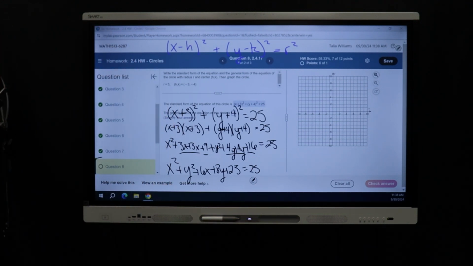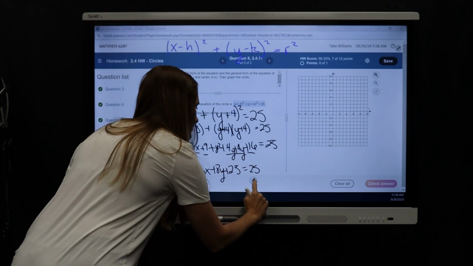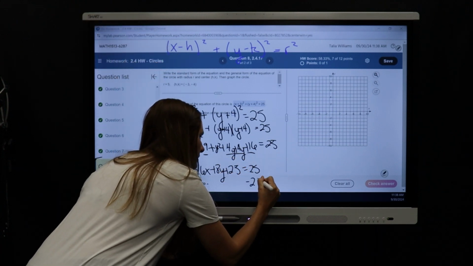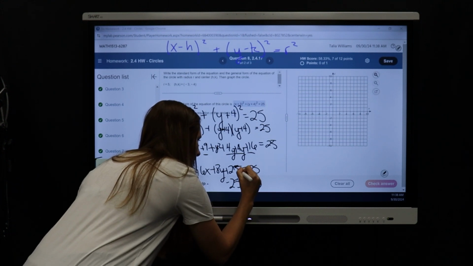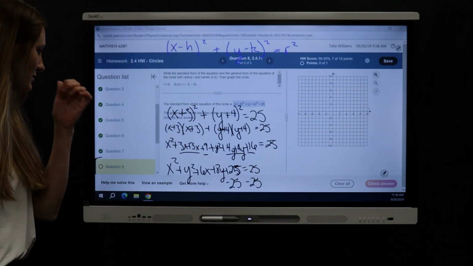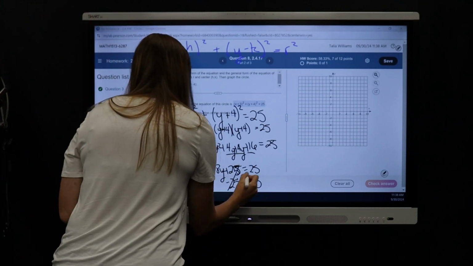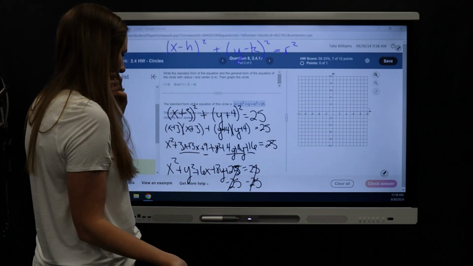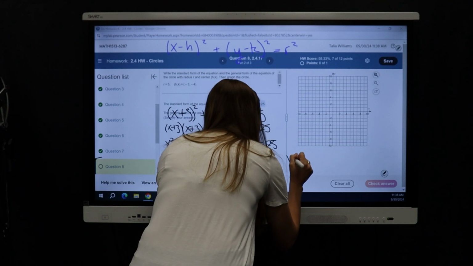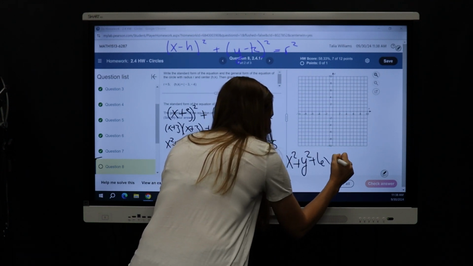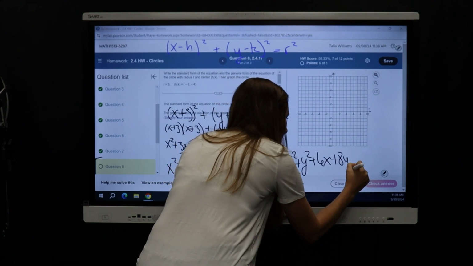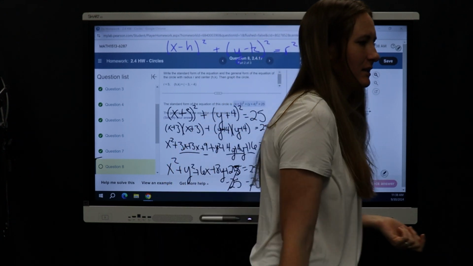General form has to equal 0, so we'd move our 25 over to this side. And this is 25 as well. It's just not where it's supposed to be. So I have x squared plus y squared plus 6x plus 8y equals 0.